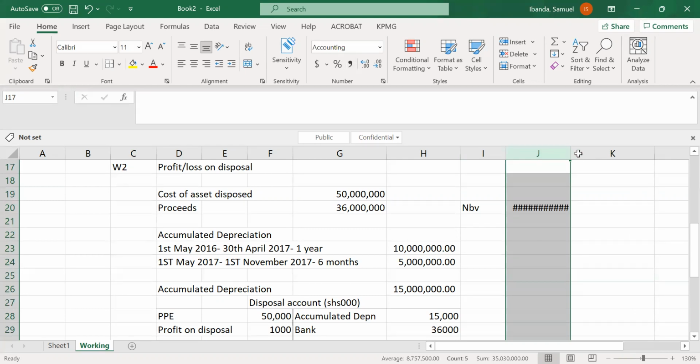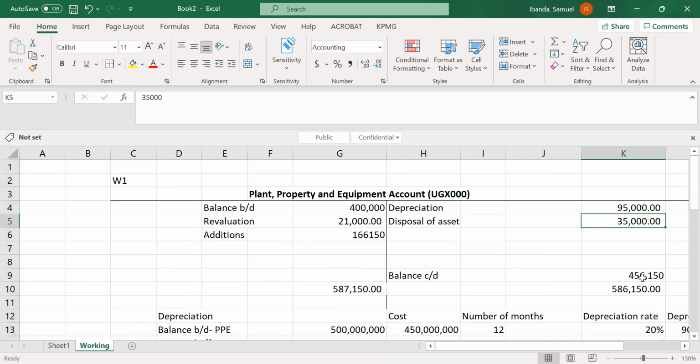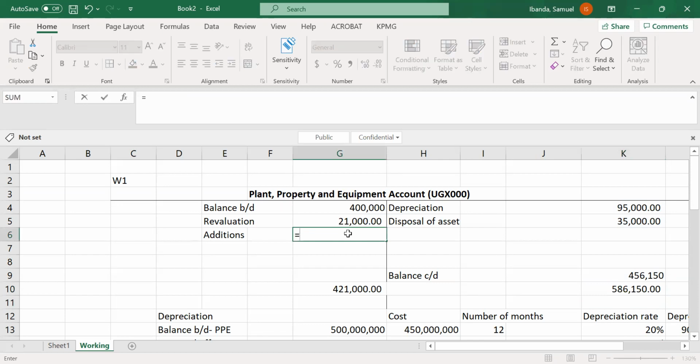So that is very important. So that's what is right here, 35. So when you balance off this account, you're able to determine, just a moment, let me just try to redo this. This is 586,150, the balancing figure, minus 421,000, which is 165,150.